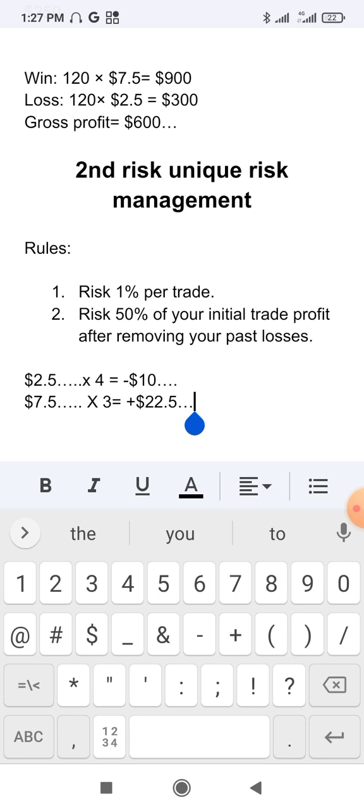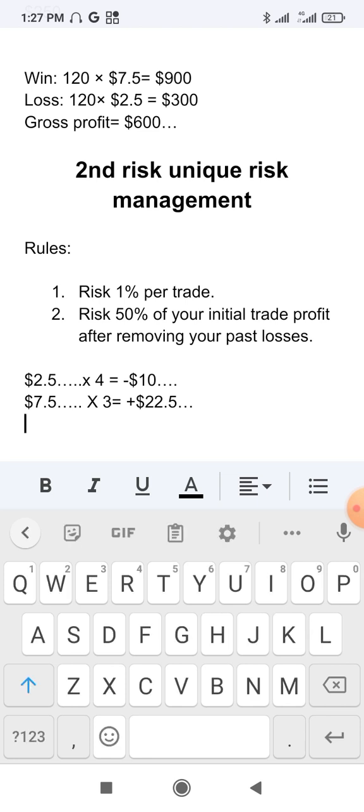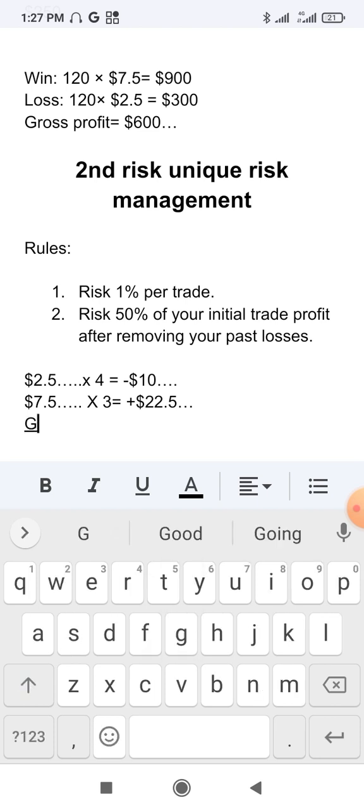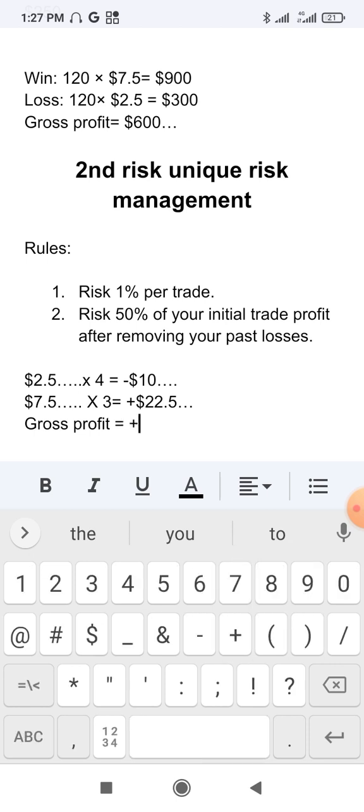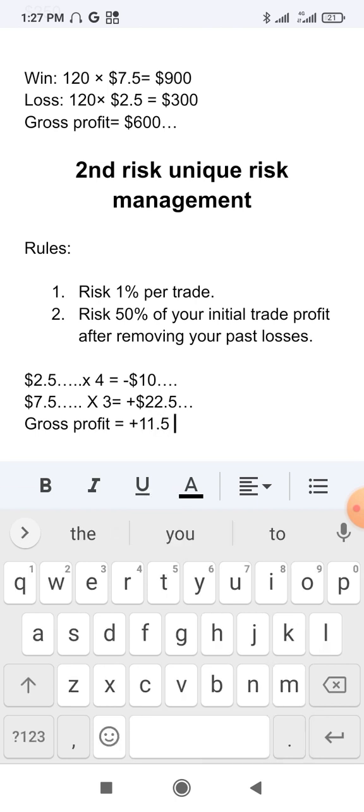Now the next 3 trades that you take, you actually win them. So at the end of these 7 trades, the gross profit is going to be plus $11.5.